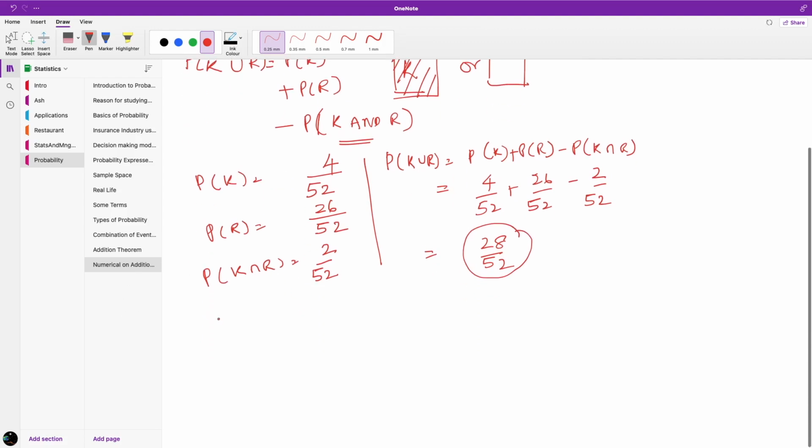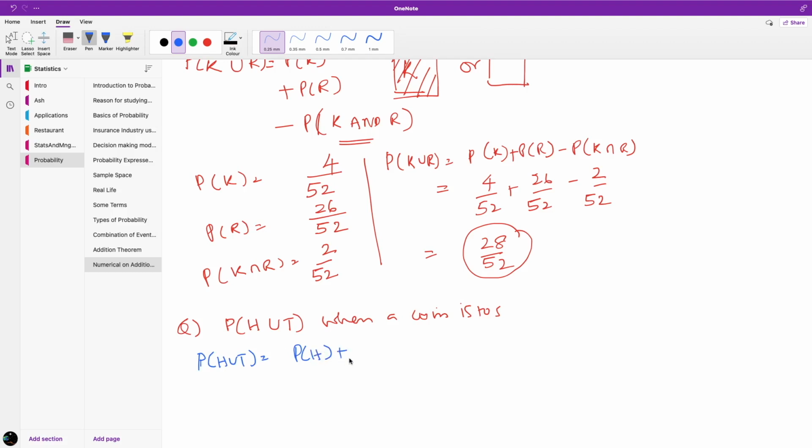Let us look at another question. What is the probability of getting a head or tail when a coin is tossed? Again, using our formula, P of H or T is equal to probability of a head plus probability of tail minus probability of head and tail.